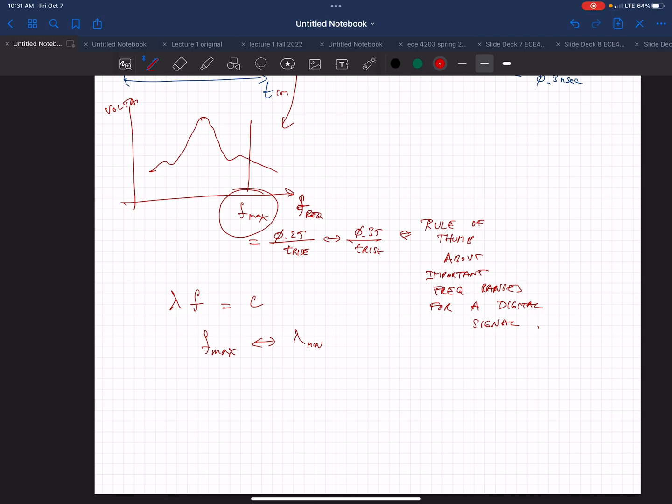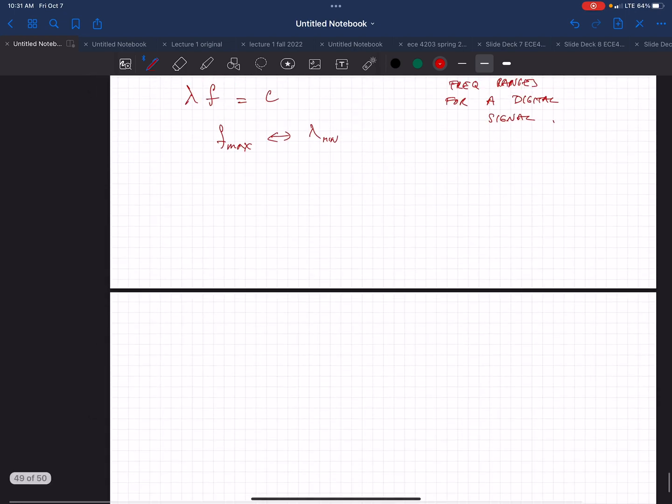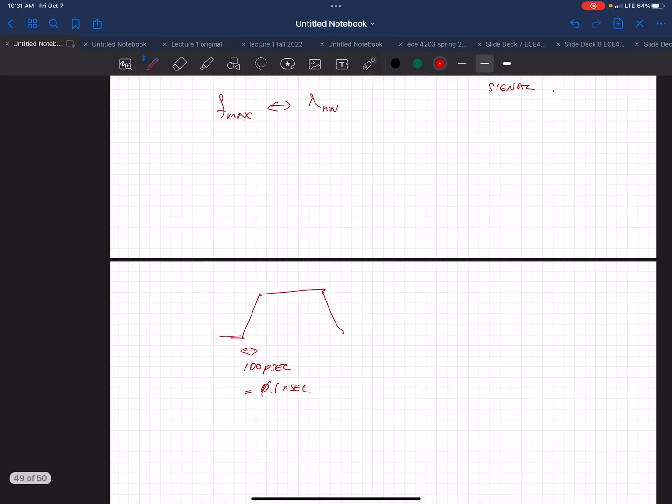So if you have a waveform, right? Should we do this? Let's do it. What the heck? Because I'm talking in generalities. So let's say my rise time is 100 picoseconds or 0.1 nanoseconds, for that same clock waveform, right?